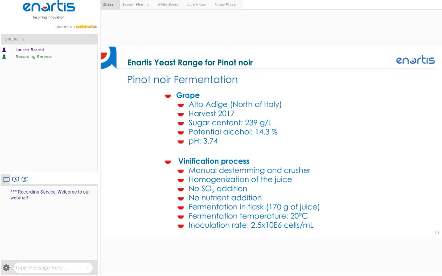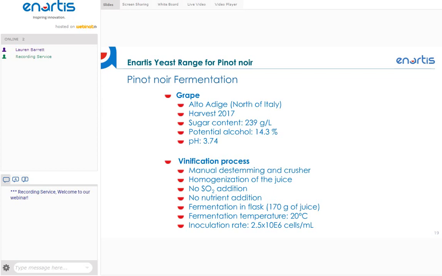For this fermentation, the Pinot was from the north of Italy, from the 2017 vintage, with a potential alcohol of 14.3% and a pH of 3.74. All of this was done in fermentation flasks at the lab scale, so everything was manually destemmed, crushed, and homogenized. There was no addition of SO2 or nutrients, and temperature was held at 20 degrees Celsius.